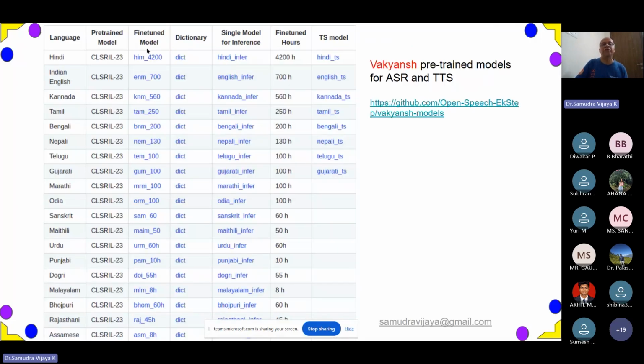And they fine-tune it. Hindi, for example, is fine-tuned with 4,200 hours of speech data. And that model you can download. Similarly, if you take the Dogri language, it is fine-tuned with 55 hours of data. In addition to that, there's also a text-to-speech model. So you can download it and use it.